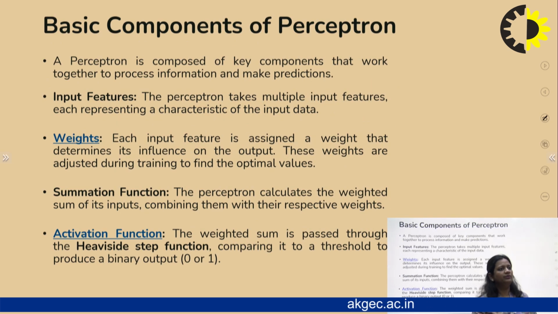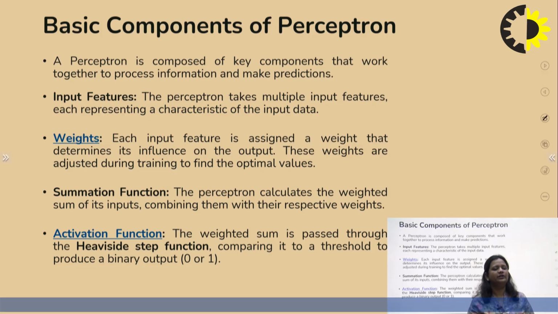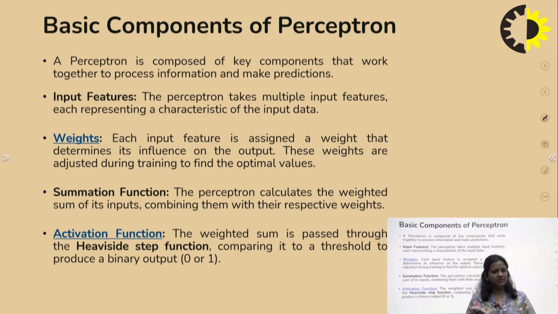Okay, so first we understand the basic concept of perceptron in artificial neural networks. A perceptron is composed of key components that work together to process information and make predictions. First is input features.